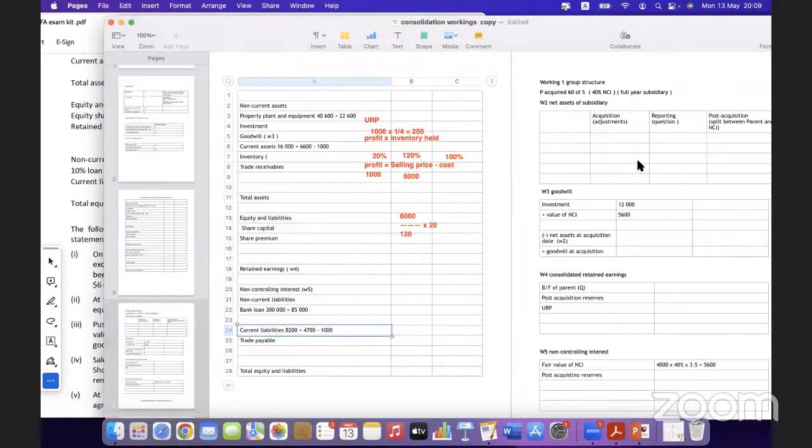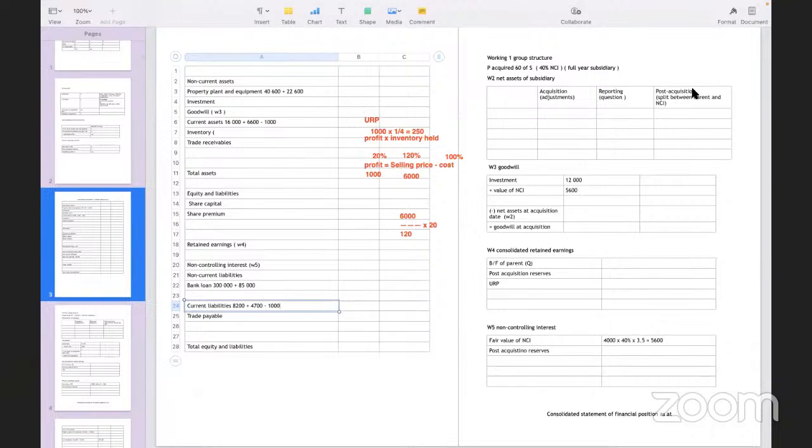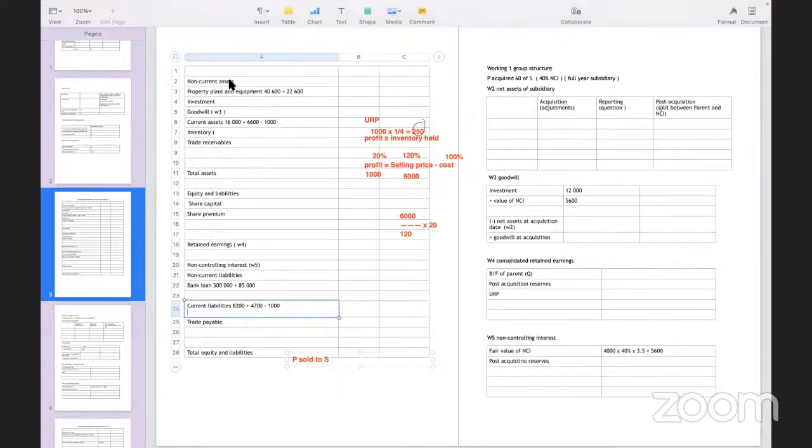Right. Now, an important part is coming up. Now I need to teach you the double entry for URP. In the earlier question, in the previous question, it was the parent who sold to the subsidiary. Then for URP, the double entry was like this.